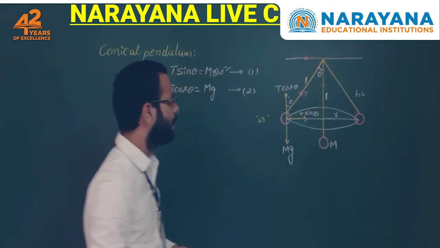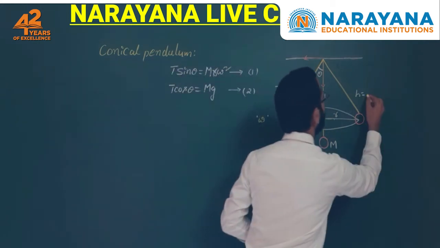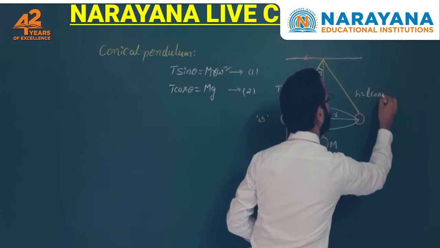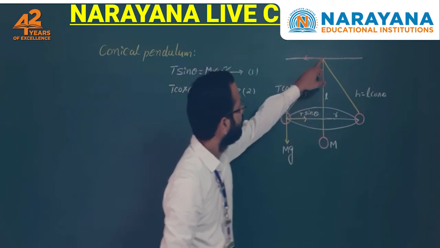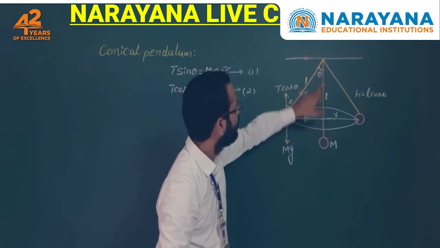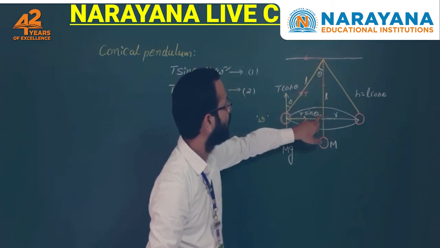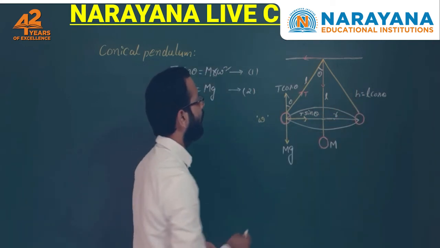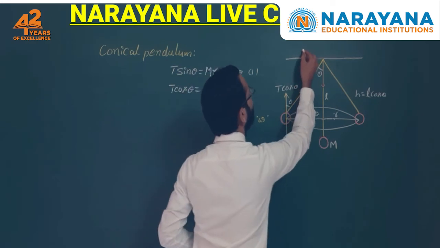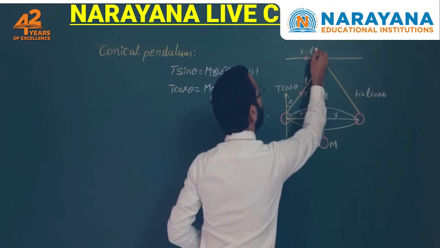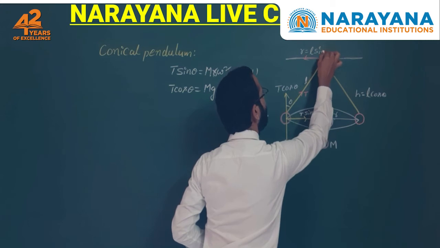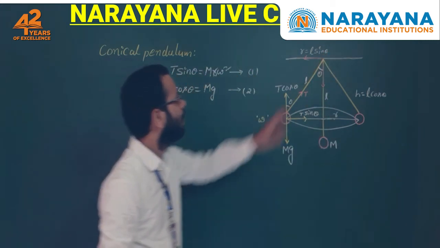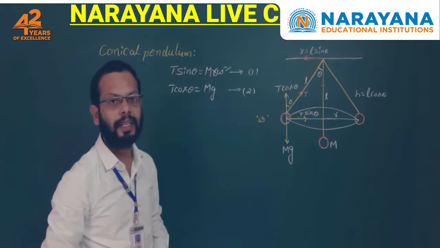Then h is L cos theta, this is the height of the cone, whereas the radius component will be equal to L sin theta.